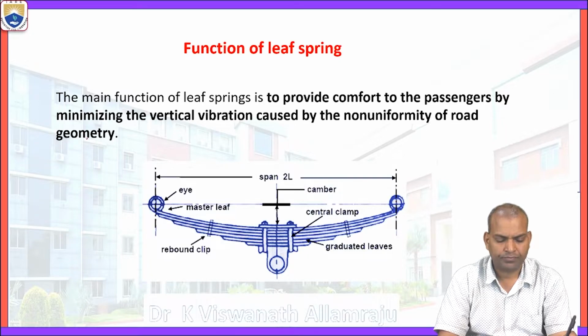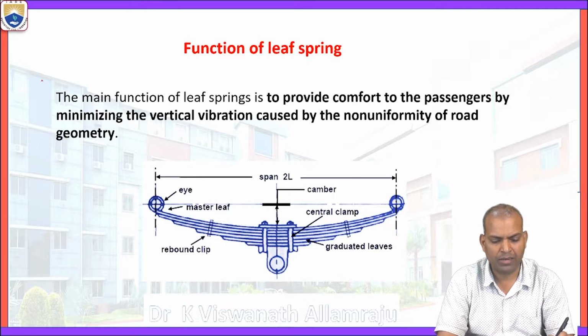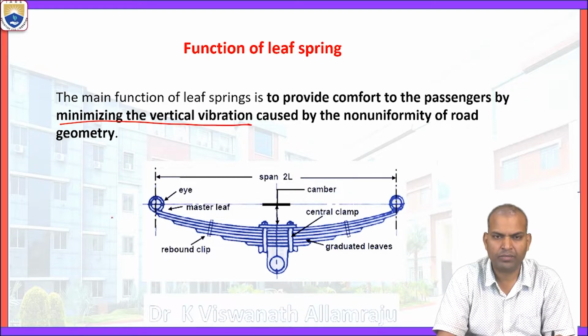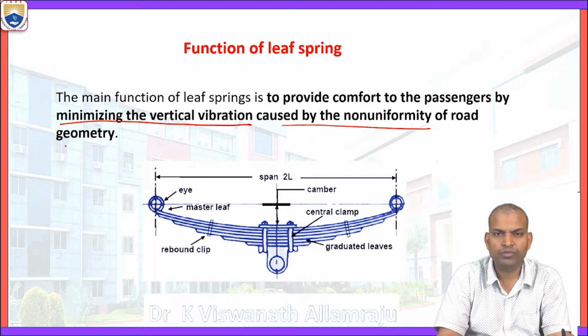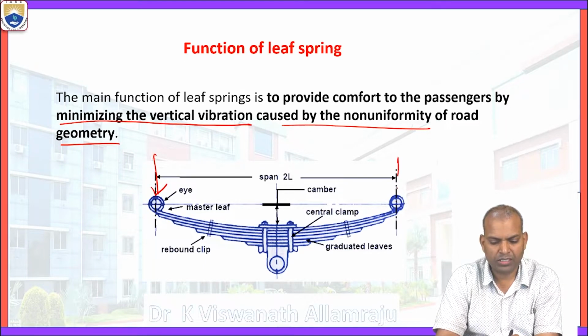Now, if we consider the laminated spring, its function is to provide comfort to the passengers by minimizing the vertical vibration caused by the non-uniformity of the road geometry. The load will be acting here in this direction.